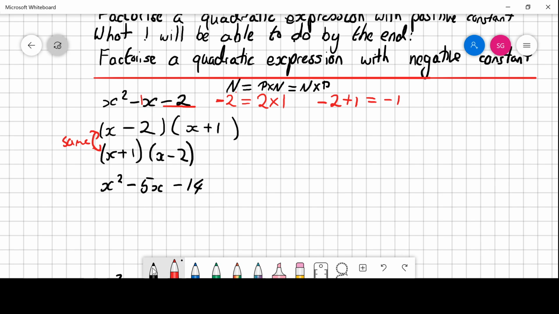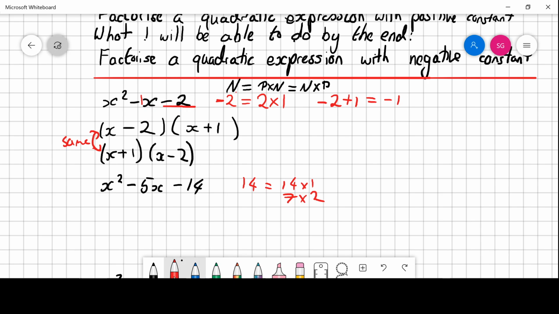Now, the next one goes x squared minus 5x minus 14. Again, we're dealing with a minus 14, but I'm going to ignore the negative for now, and I'll explain that in a few seconds. So just the factors of 14: you've got 14 by 1, and you've got 7 by 2. Now that we have found our factors, we need to find two terms that when subtracted from one another give you 5.